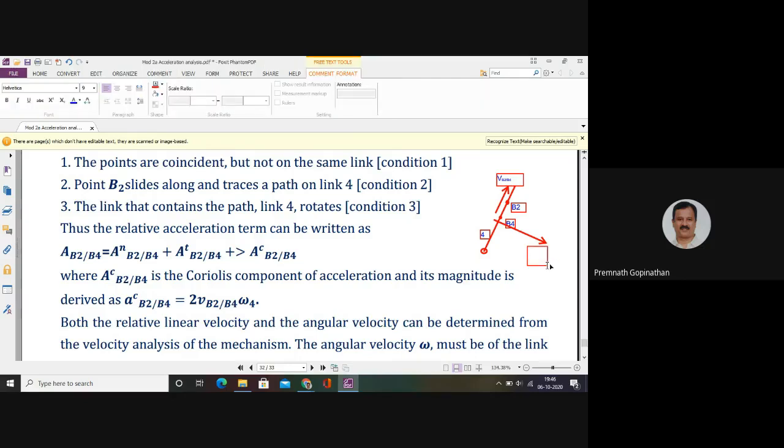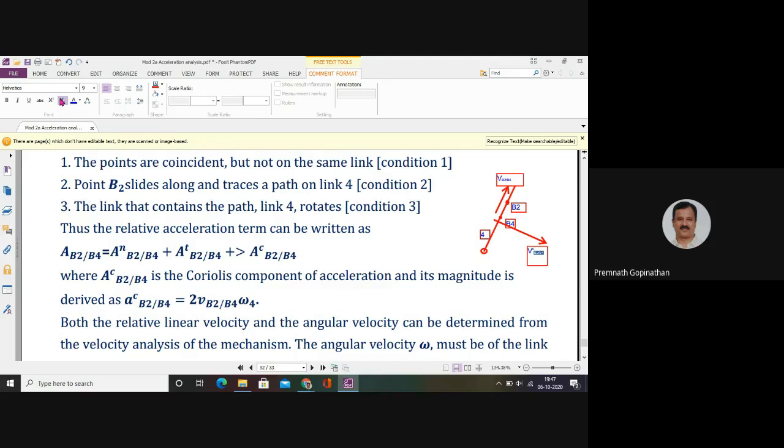Now, I can call it as the Coriolis component of B2 with respect to B4, with the suffix.